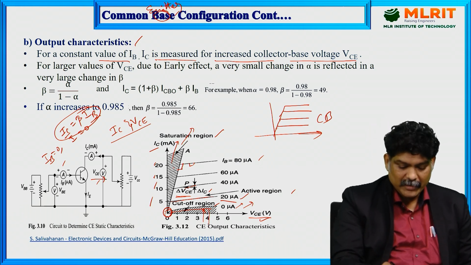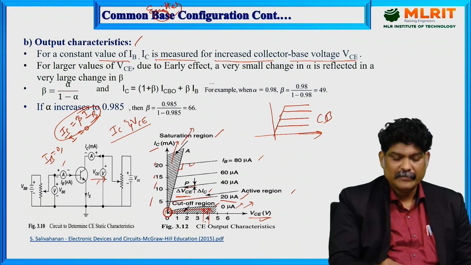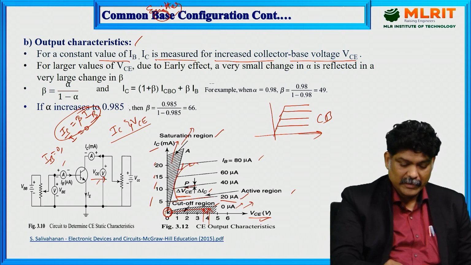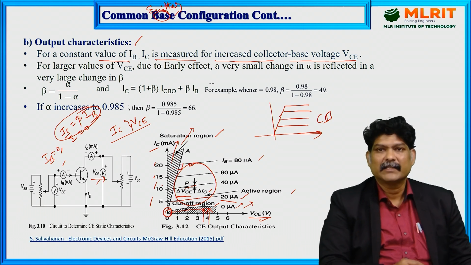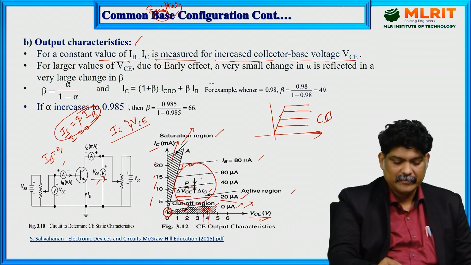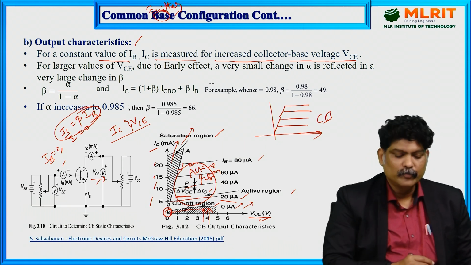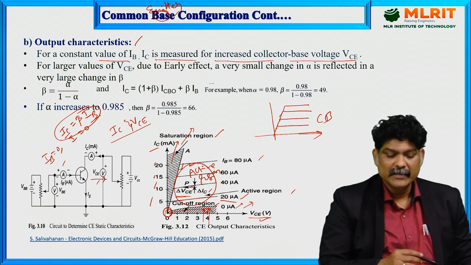In the cutoff region, your transistor works as an OFF switch. In the middle, your transistor acts as an amplifier, and this is called the active region. So this is the output characteristics of the CE configuration.